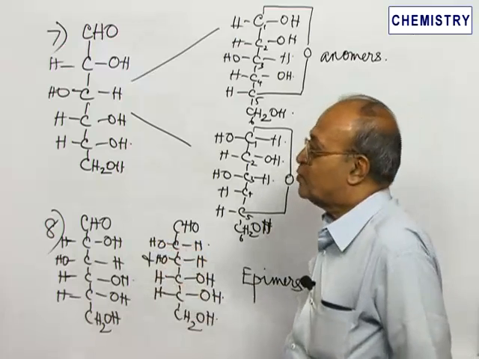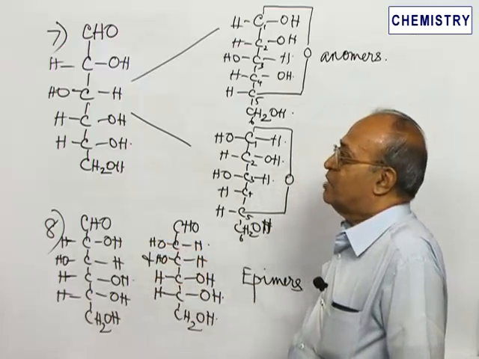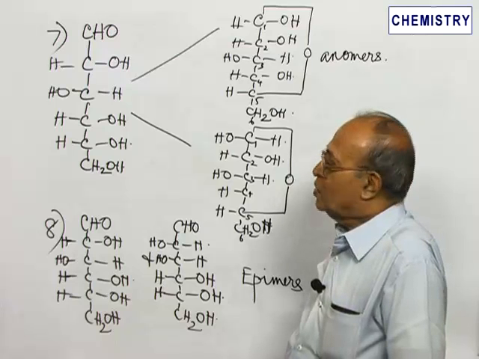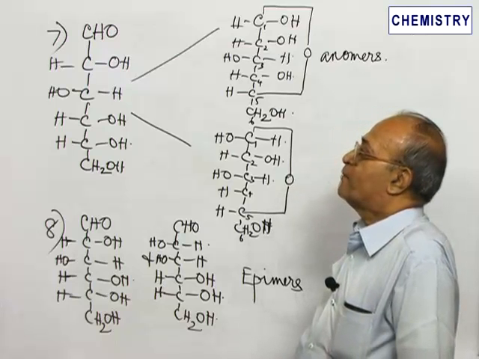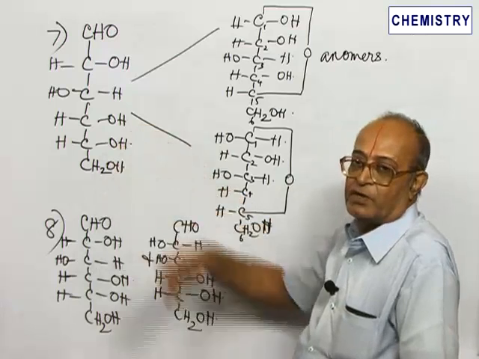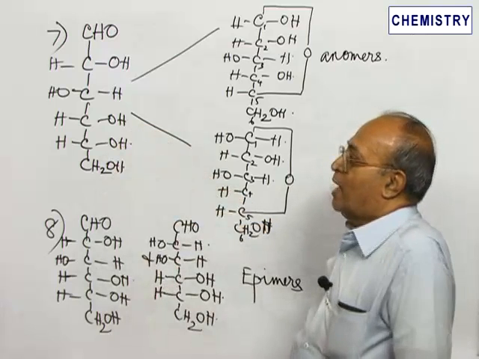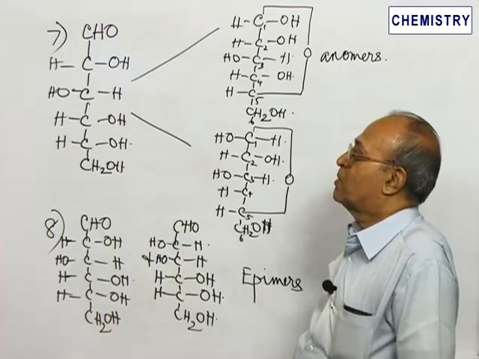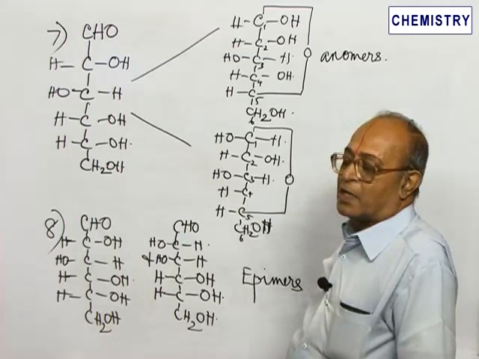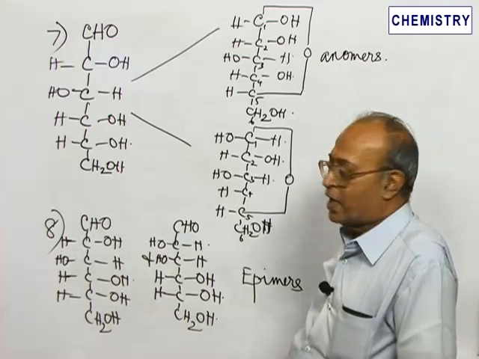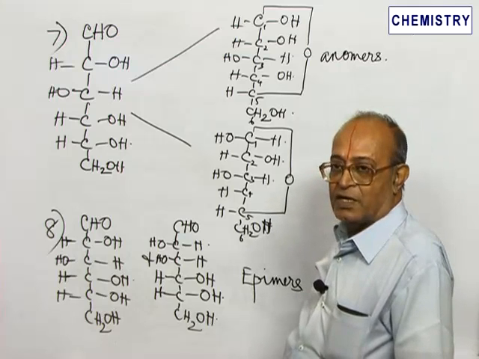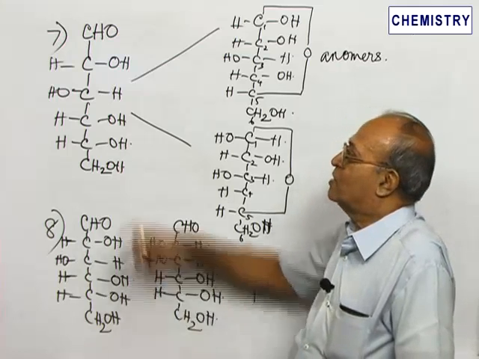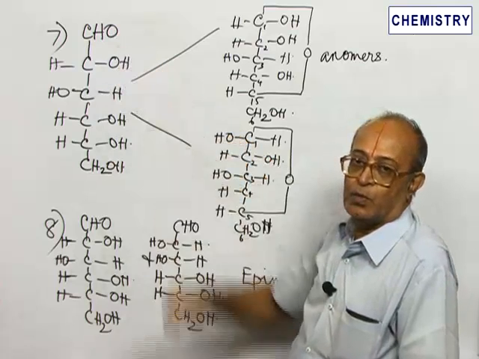These are explained on the basis of the reactions of glucose forming the pentaacetate derivatives and so on. And from the reactions of this glucose, one can come to the conclusion that it answers the test for the aldehyde group.